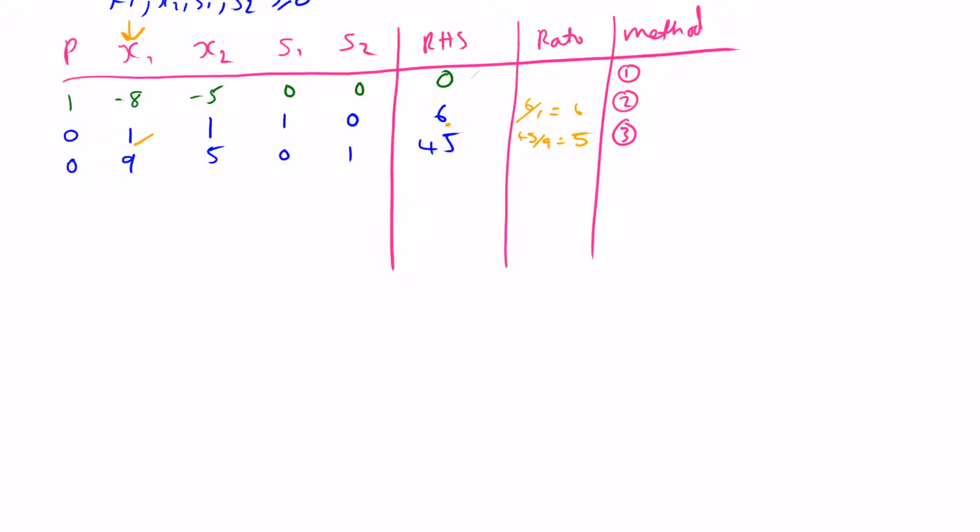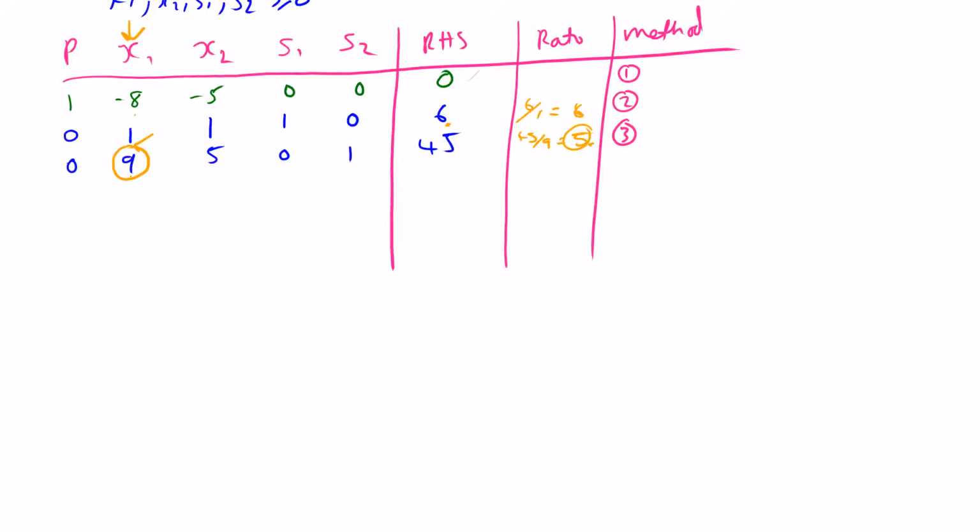Now here we want to pick the lowest positive value, which is the 5. So we're going to circle the column that we picked, the pivot column, and the pivot row, which is where the 5 is, we're going to circle the 9. This is going to be our pivot.